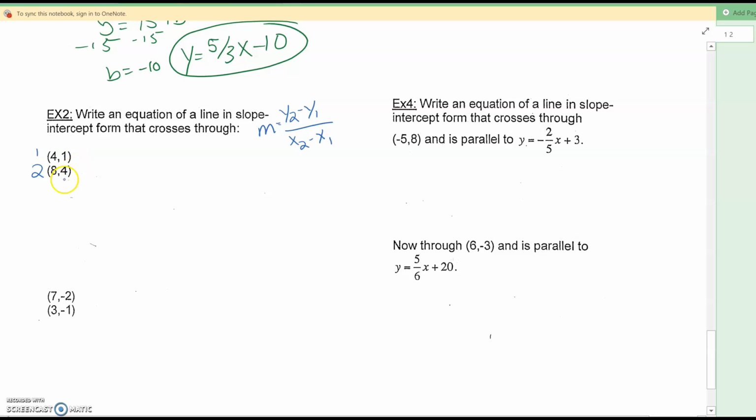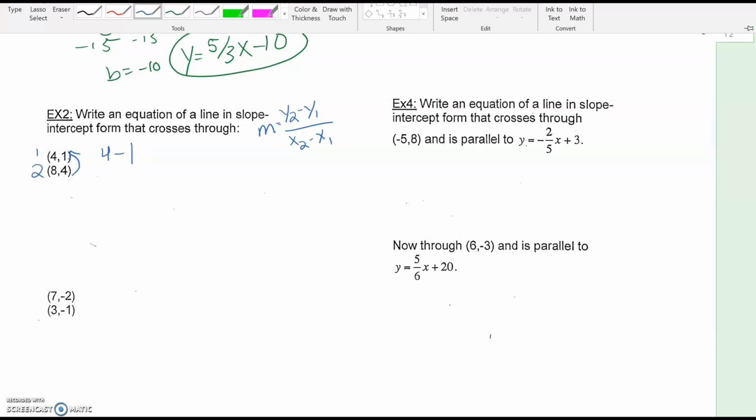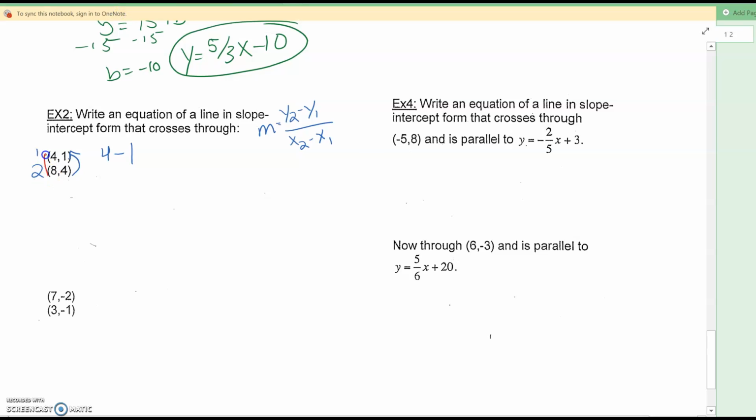So if I do my y values first, I'm going to have 4 minus 1 over, make sure we do our x values next, keeping the same pattern, x values on the bottom, so it'd be 8 minus 4. That would be 3/4. That's my slope.